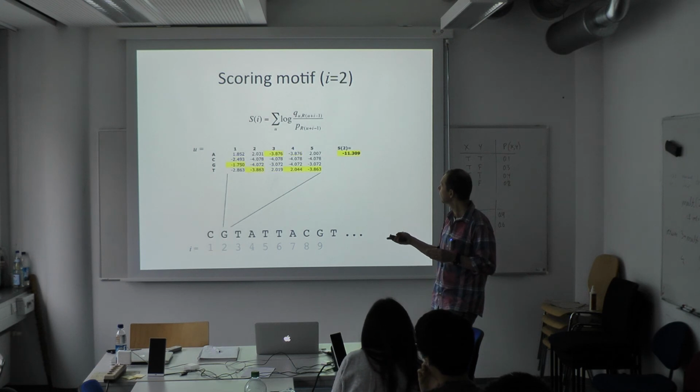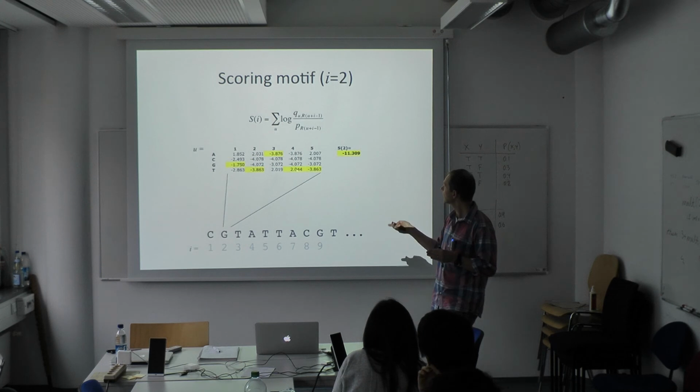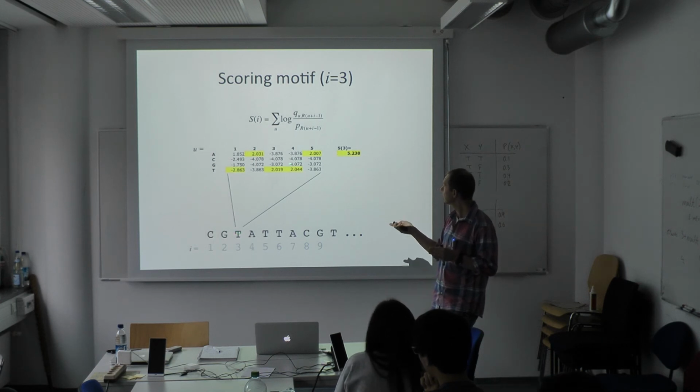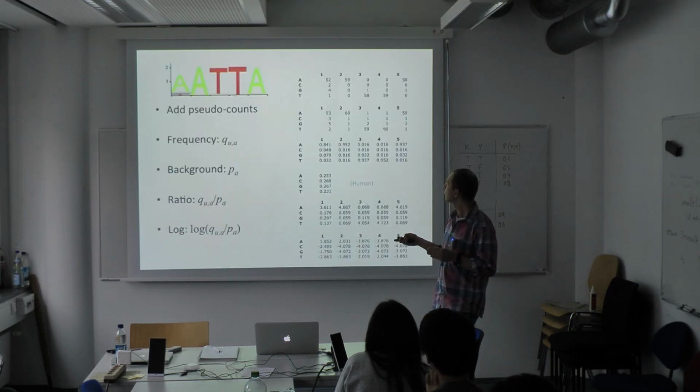And we continue, look at the next position. So same matrix, it's just that I've highlighted different elements of that matrix. Our score is -11. And here's one which is positive. So we have, again, same matrix, different highlighted elements. We sum them up and we get a positive score here. So that's probably a good match. And if we look at this, we have TA, double TA, it's probably not too dissimilar from this thing here.